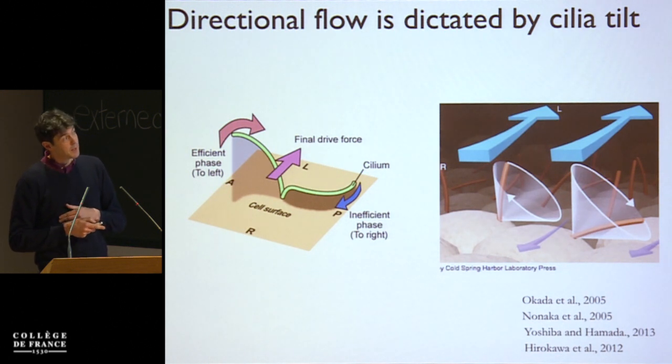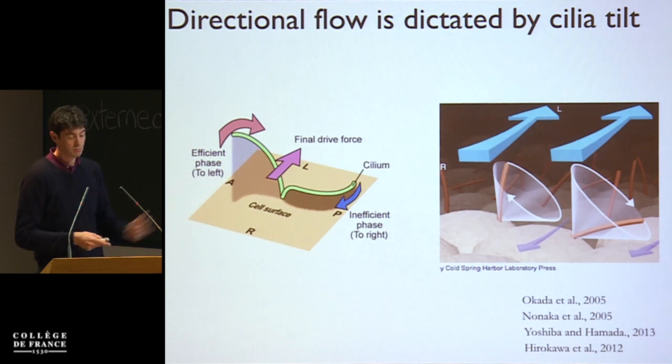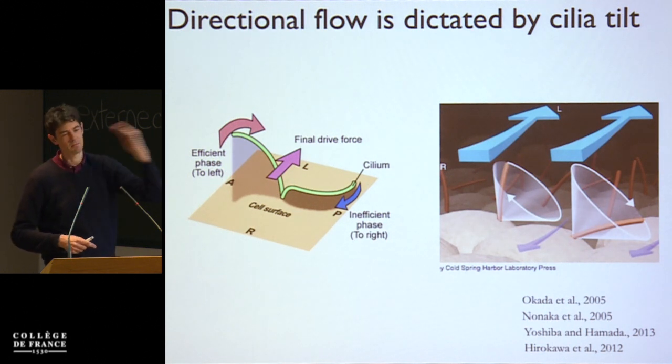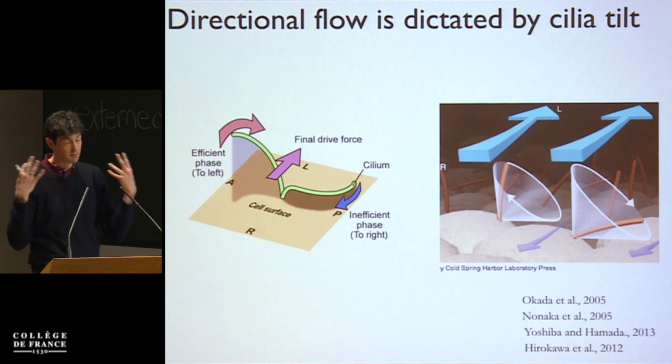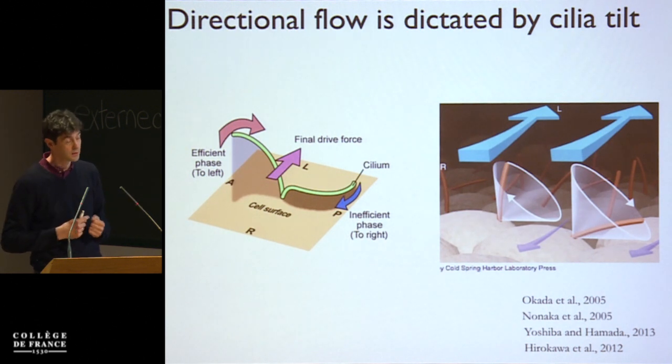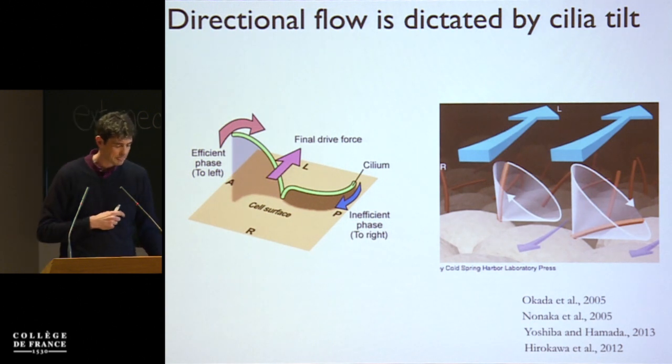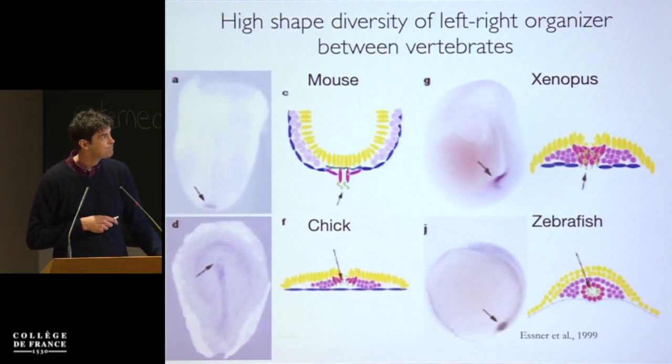And then their orientation in space has a tilt, which makes the cilium more efficient in propelling fluids when the cilium is away from the cell membrane than when it's close to the cell membrane. So orienting the cilium in space and making it beat, with cilia all rotating in the same direction, allows creating this directional flow in the left-right organizer.